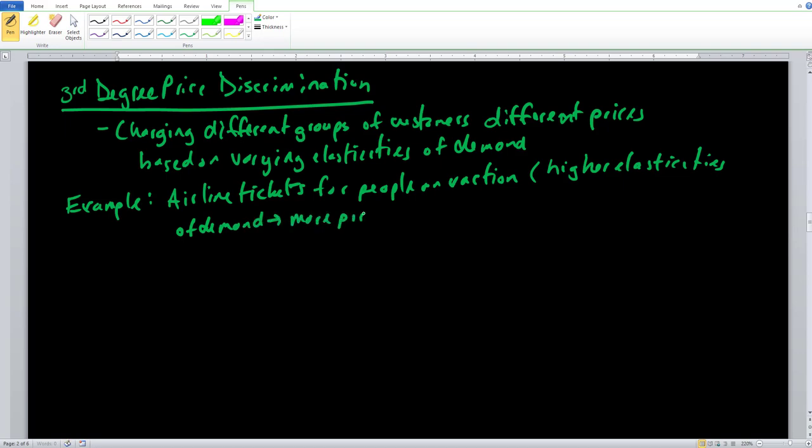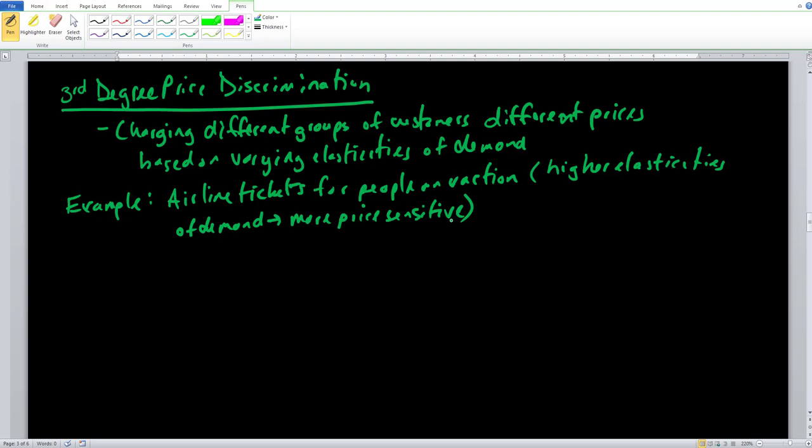If you are more price sensitive, should the firm charge them a very high price or a very low price? Intuitively, people who are more elastic should be charged a lower price because they are more price sensitive.